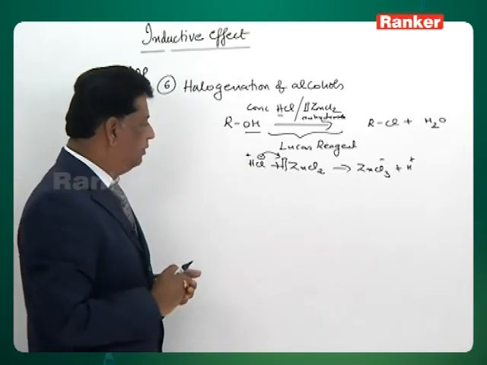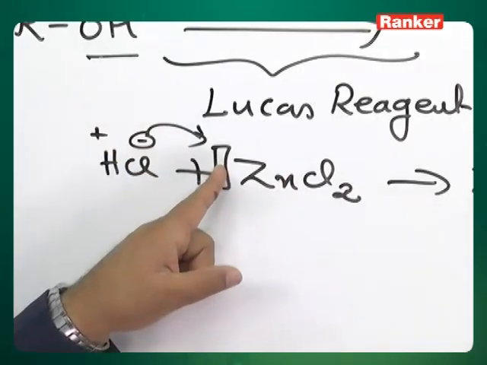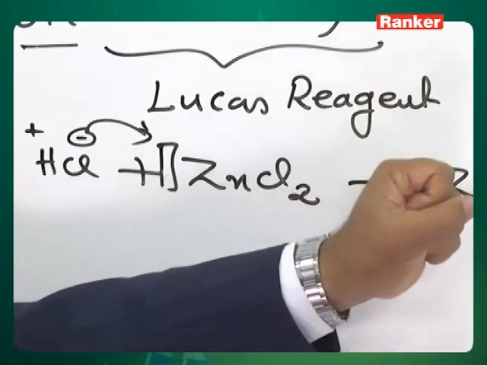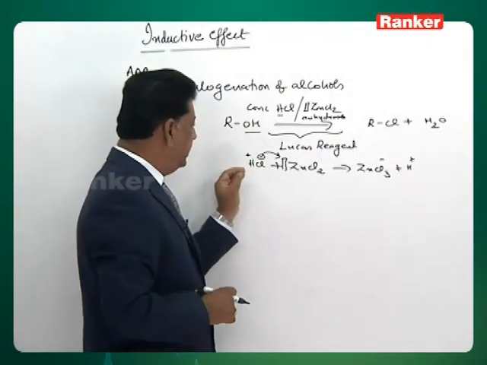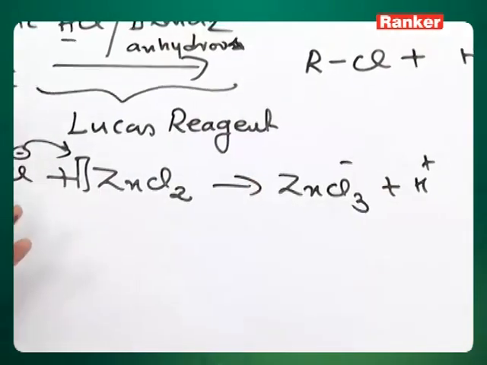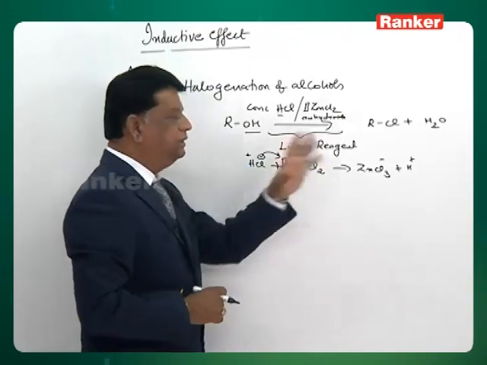But in the presence of anhydrous zinc chloride, which has a vacant orbital, it accepts the Cl minus readily and becomes ZnCl3 minus, liberating H plus, because it is a Lewis acid that holds the basic Cl minus part.